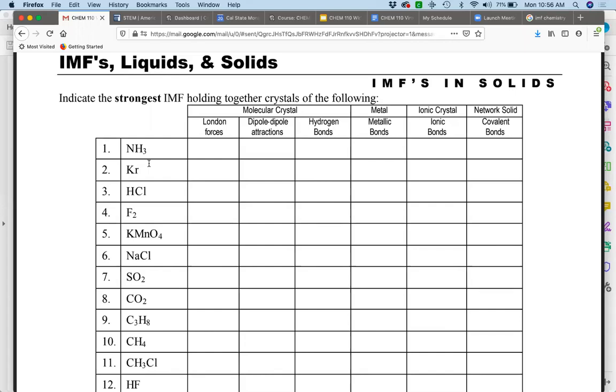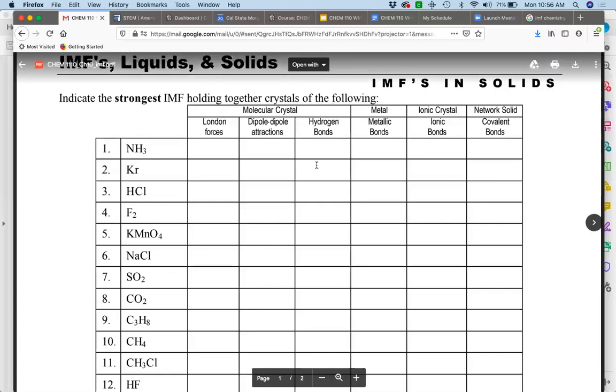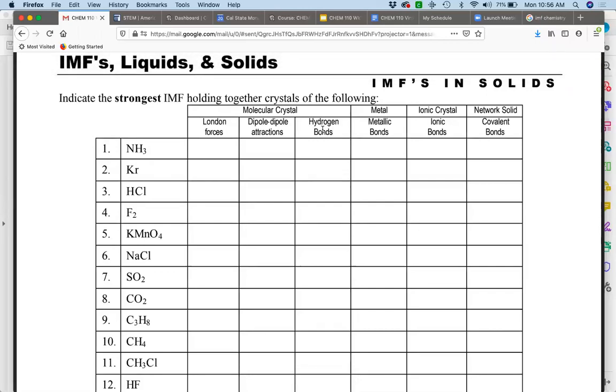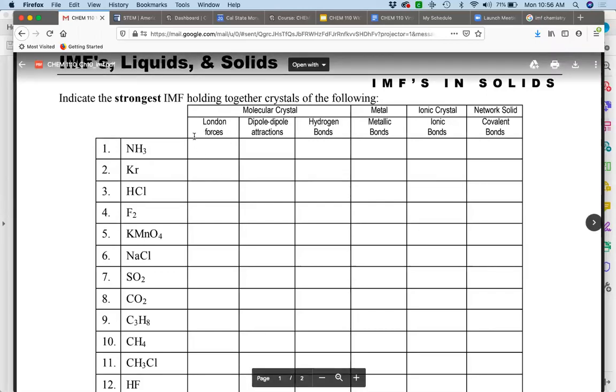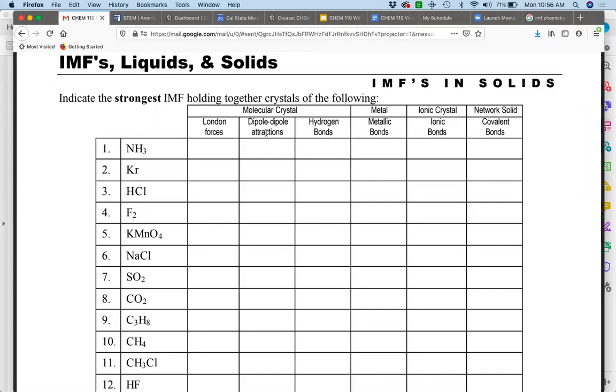So if I'm going to put an answer for number one, I'm going to mark hydrogen bonds because that's the strongest of the forces that ammonia would have if I had multiple ammonia molecules together. So yes, it experiences London forces, and yes, there are dipole-dipole interactions, but the strongest of those forces would be hydrogen bonds.